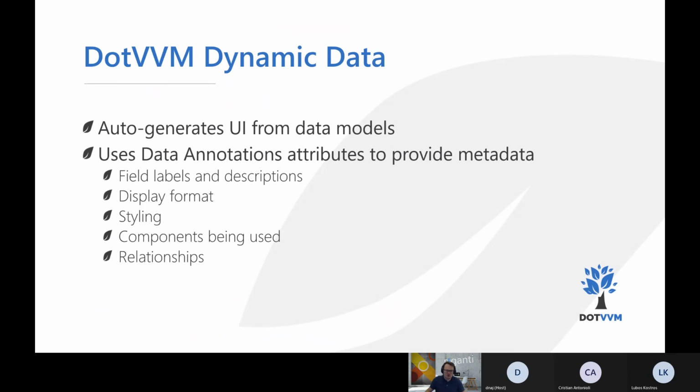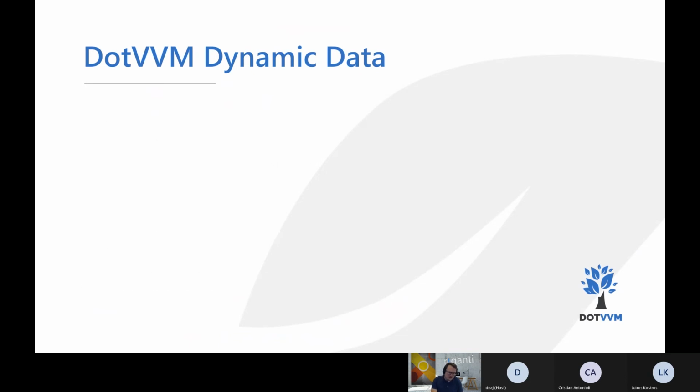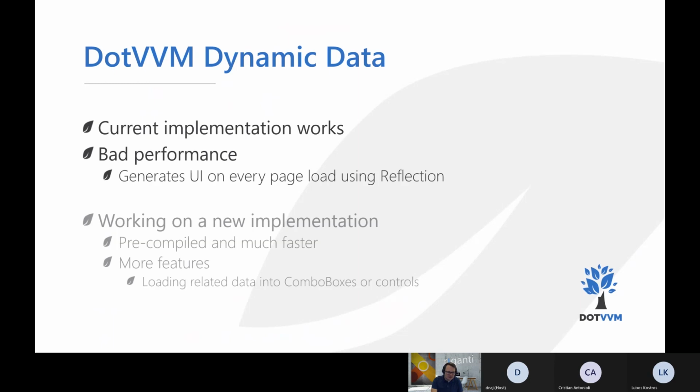And the dynamic data we already have in the framework has several problems. There are some limitations, so you cannot do everything you would probably need. And the other problem is that it's quite slow because on every request, it's using reflection to see what properties and what metadata are there, and that's why the pages using dynamic data are quite slow.